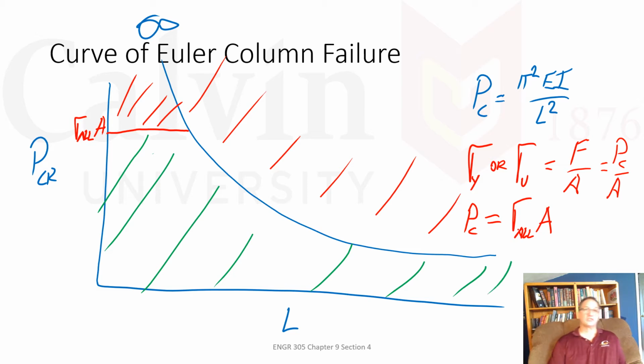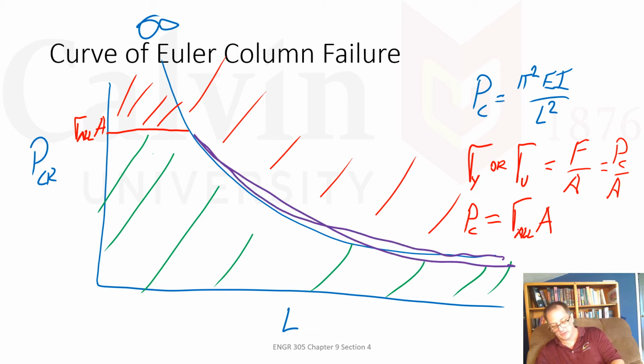And so we've got a design in the green zone, but someplace we transition, and this is the hard part. Someplace we transition from this equation to this equation. And the way we talk about this is short.